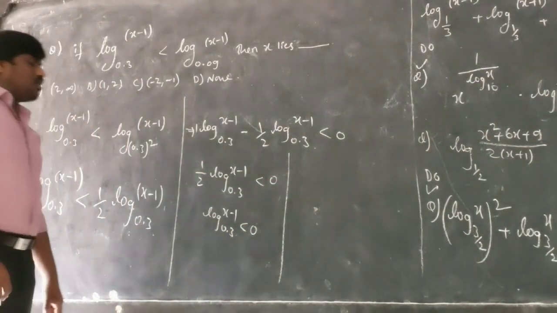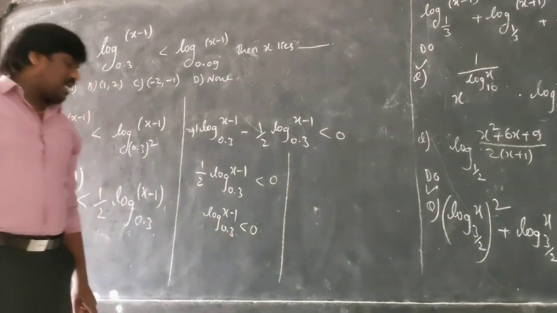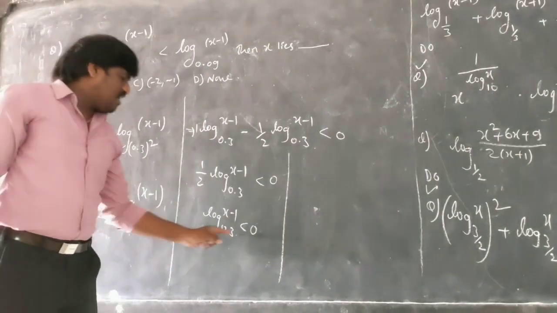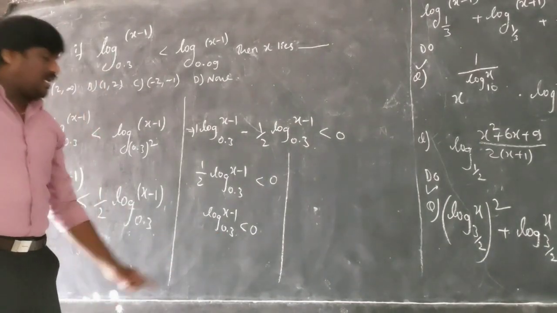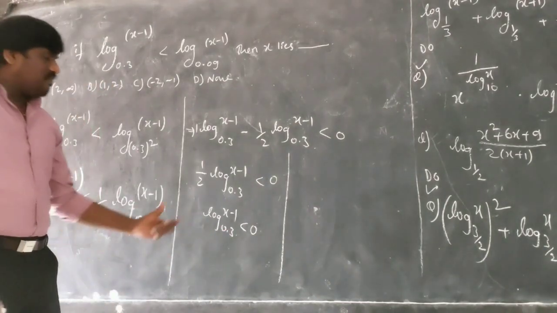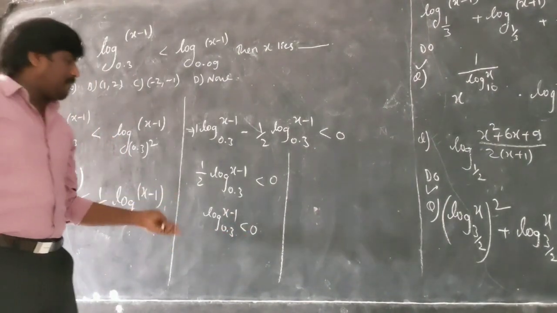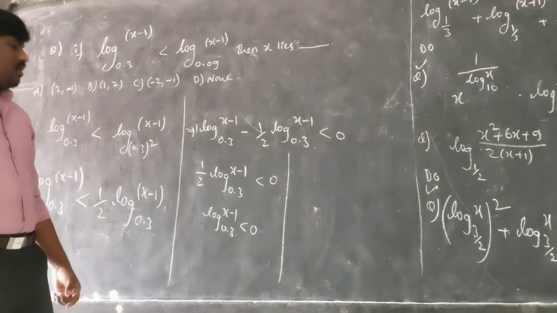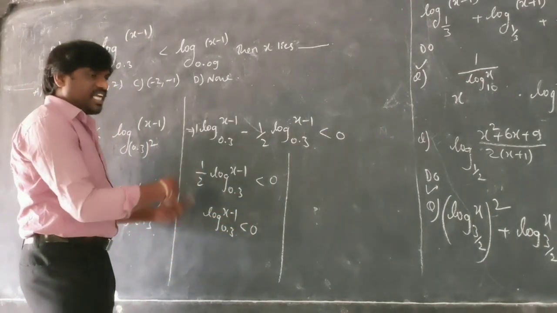Now according to the rule, I convert it into exponential form, and the base is 0.3. Since the base is 0.3, less than 1, the inequality changes.